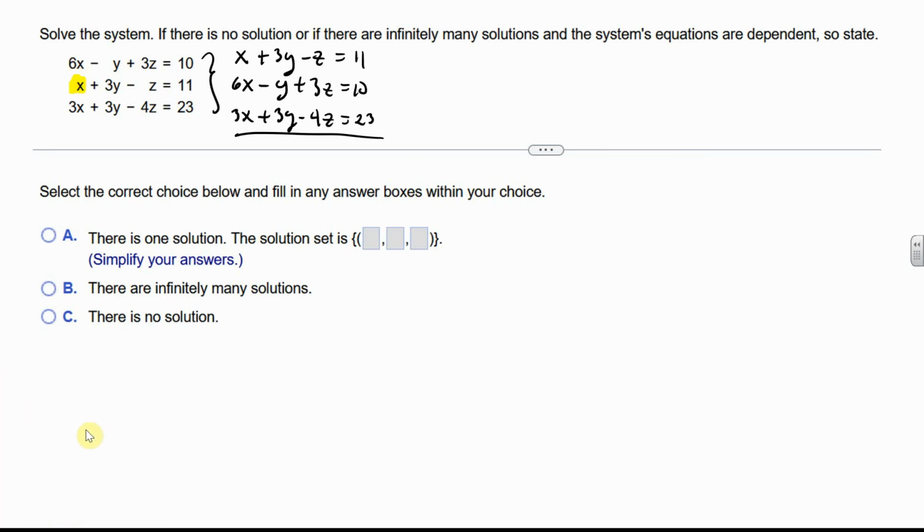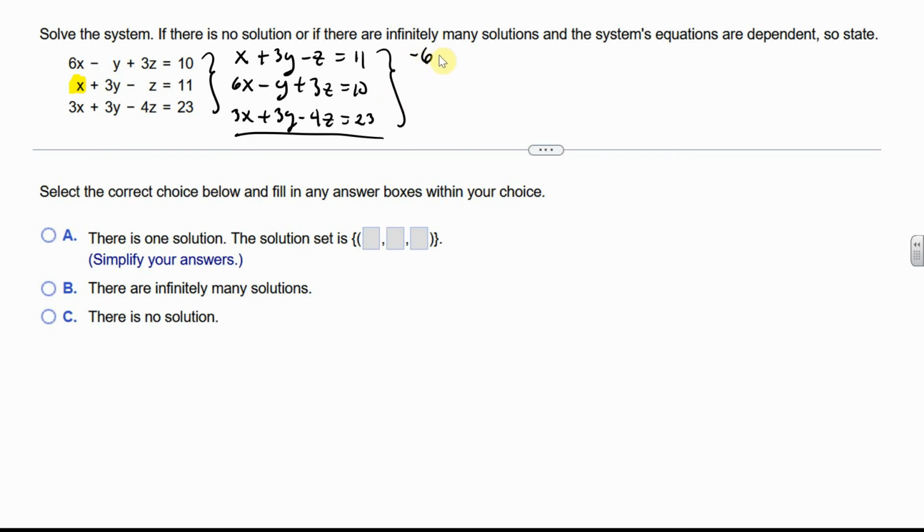All right, so now my goal is to try to cancel out a variable. I want to cancel out the 6x and the 3x. I'm going to do it in steps. First, I'm going to multiply that first equation by negative 6.